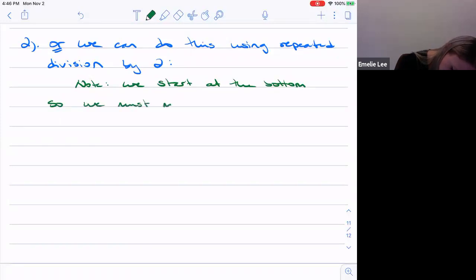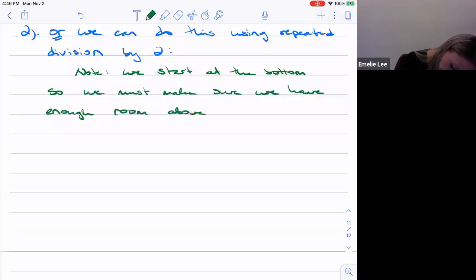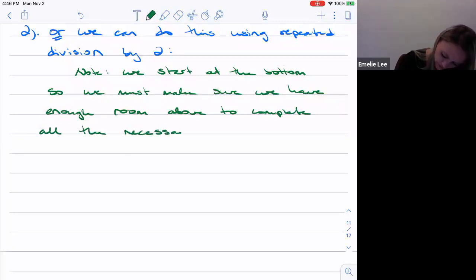So we must make sure we have enough room above our initial division in order to complete all the necessary repeated divisions.